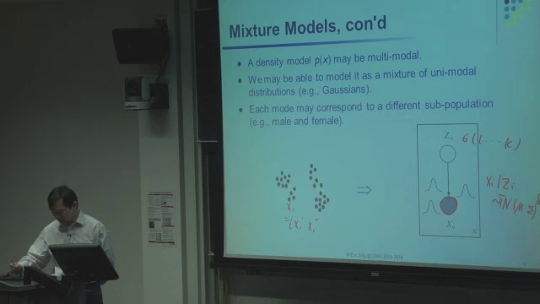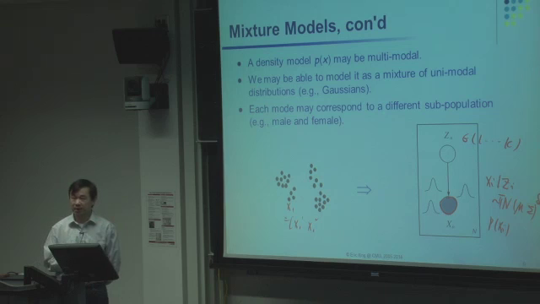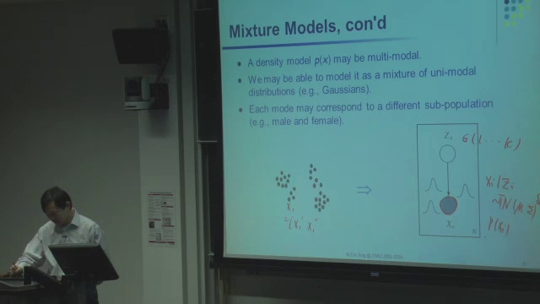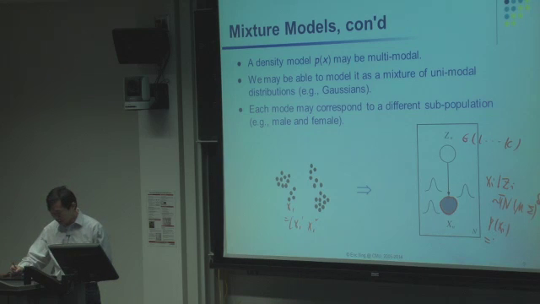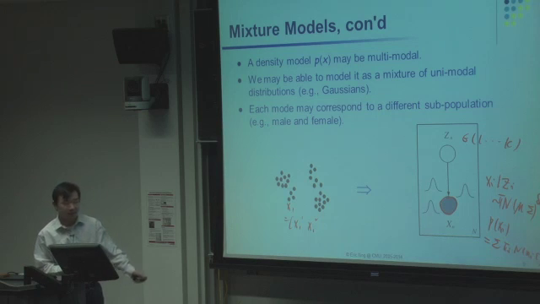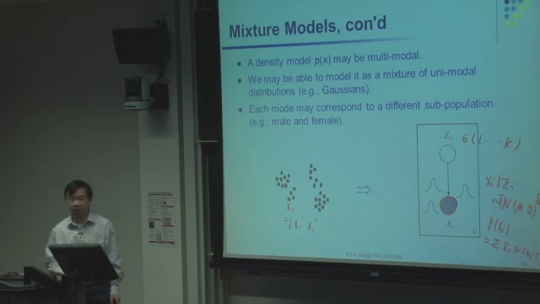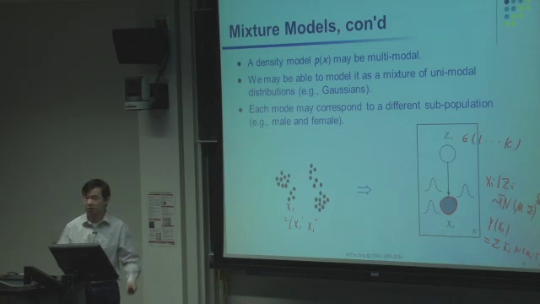But if you don't actually know the z, you only have the x, and that makes the whole thing tricky, right? I can just flash at you the outcome, and then we can derive it. As you can guess, this likelihood of a single point without knowing its cluster membership equals a summation, a weighted sum of little Gaussians. Okay, and this pi is basically the probability of each Gaussian being plausible.